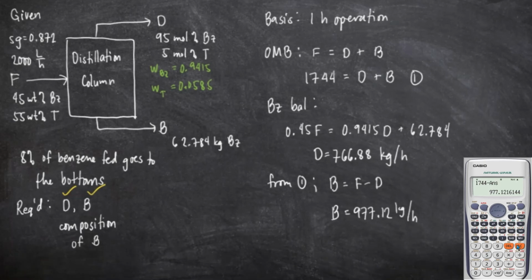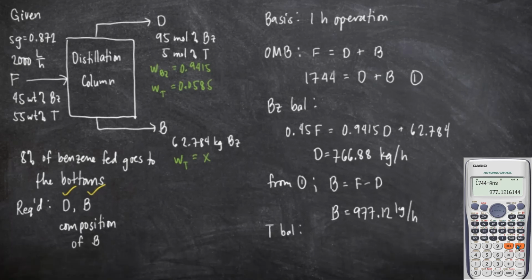To solve that, let me represent the mass fraction of toluene in the bottom stream as X. By doing so, toluene is now represented in all of the streams and we can perform a toluene balance.